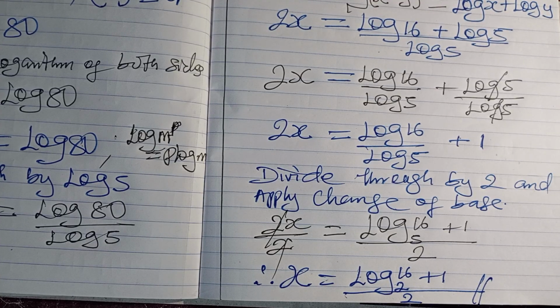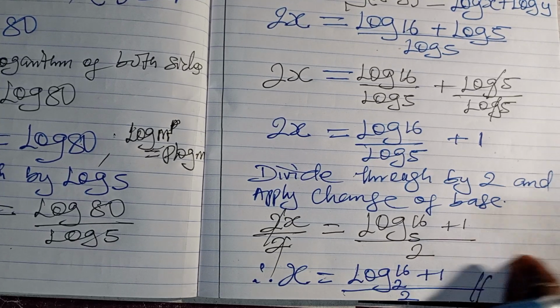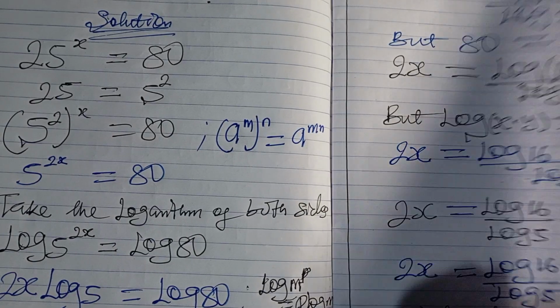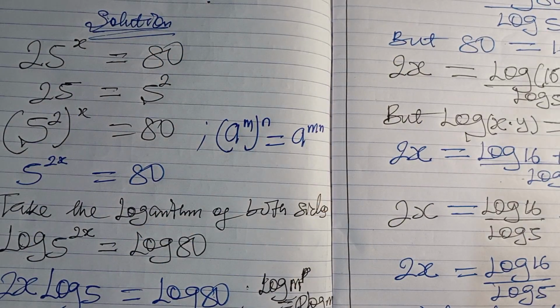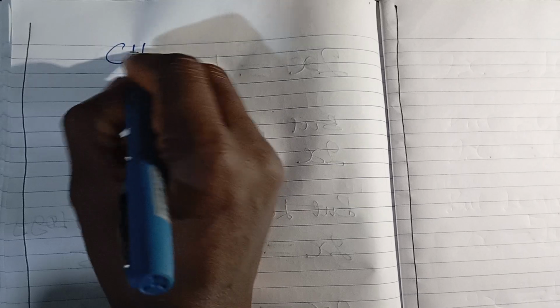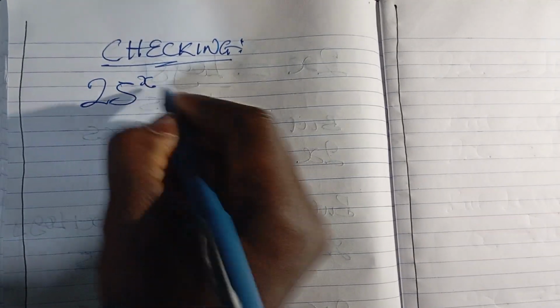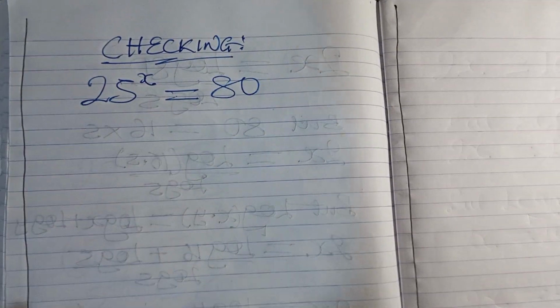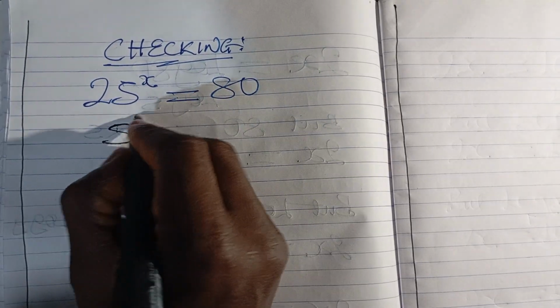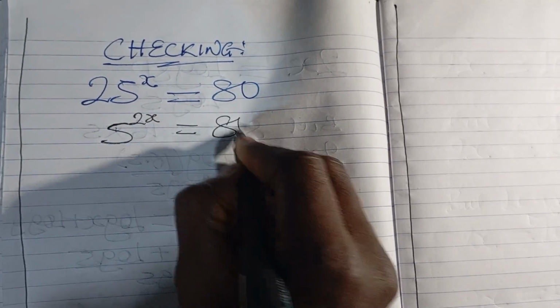Now let's try and check if this is true. We're given 25 raised to power x is equal to 80, and we expressed it as 5 raised to power 2x equals 80.